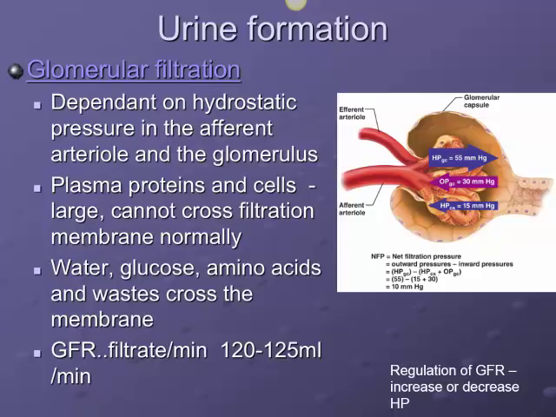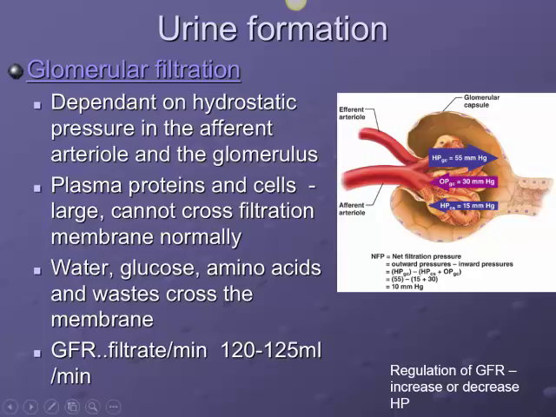Osmotic pressure, if you remember tonicity, if something is hypertonic, it has a higher osmotic pressure and draws fluid in, okay? So there's always a play between hydrostatic and osmotic pressure. Whichever pressure wins, the direction of water movement will be along those lines, okay?